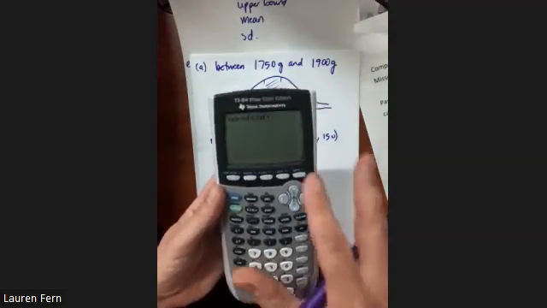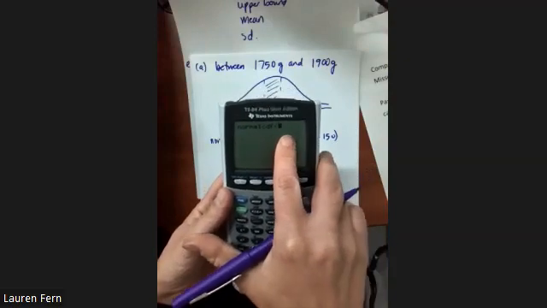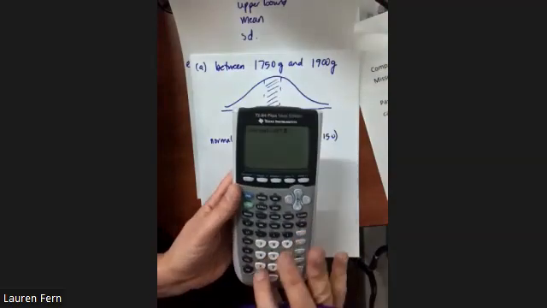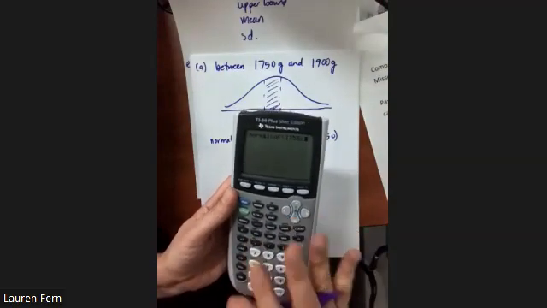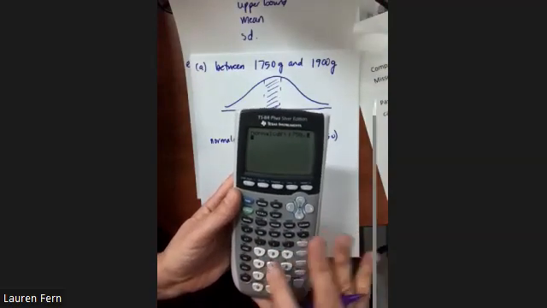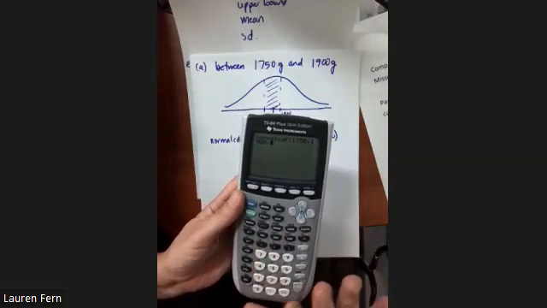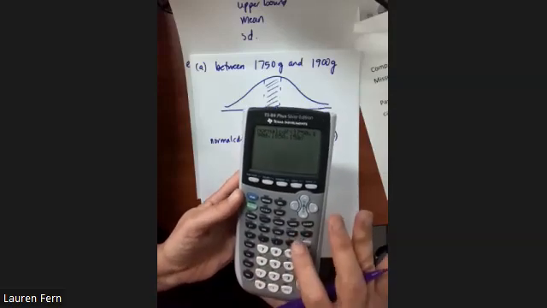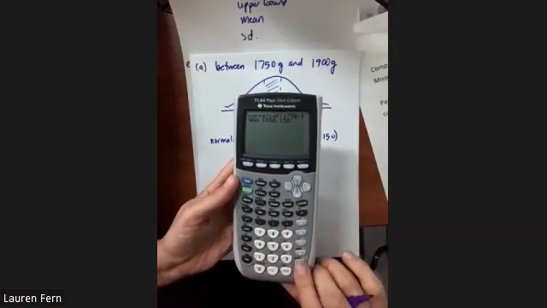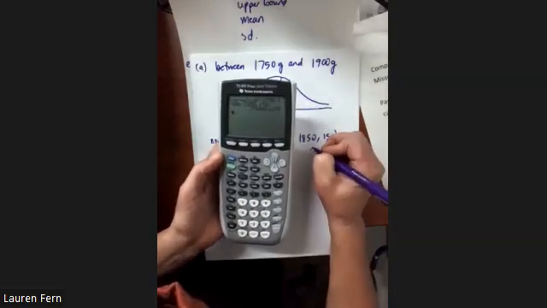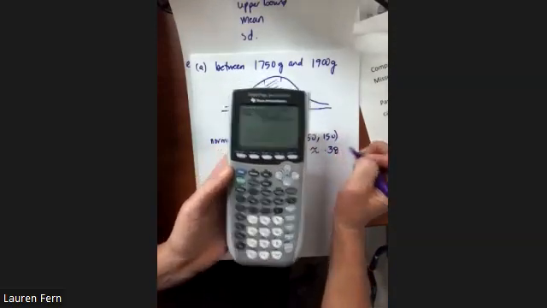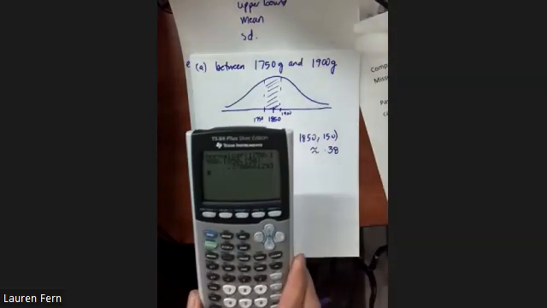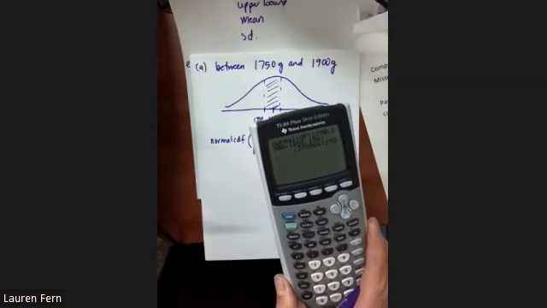Some of you have a bit more high tech of these and it'll say lower, and then you're going to put in the lower bound, 1,750. Then it'll say upper and we'll put in 1,900. And then we put in our mean and our standard deviation. So rounded to 2 decimal places, we get about 38% of those chickens have weights in that region.